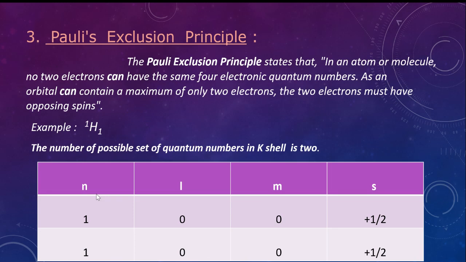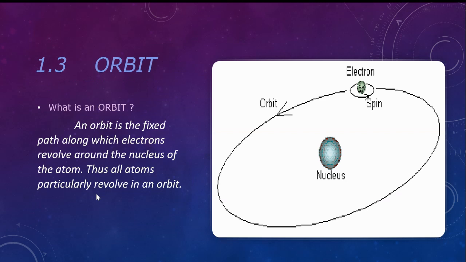The Pauli exclusion principle says that if you take any two electrons, whether they belong to the same orbit or different orbits, all four quantum numbers will not be the same for any pair of electrons. So if three quantum numbers match for a pair, definitely they will differ in the fourth quantum number, that is the spin quantum number.